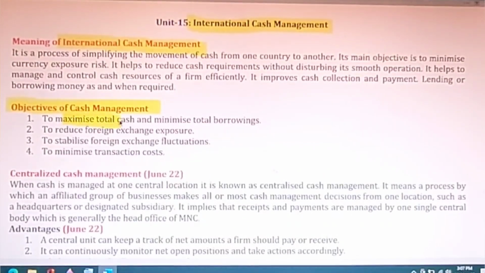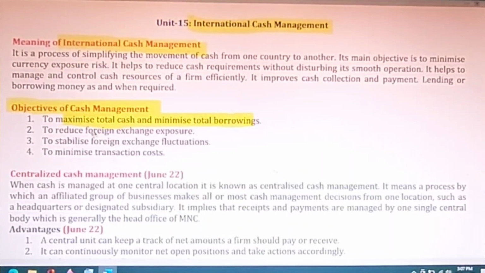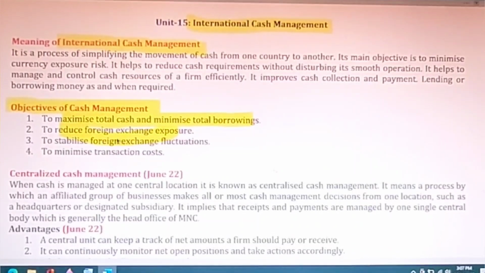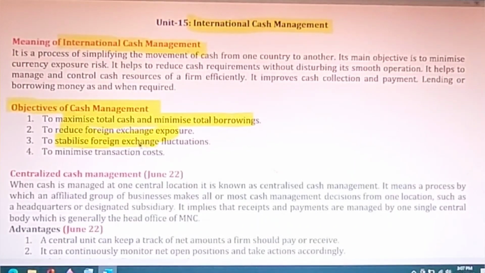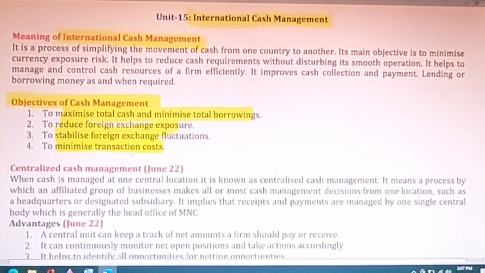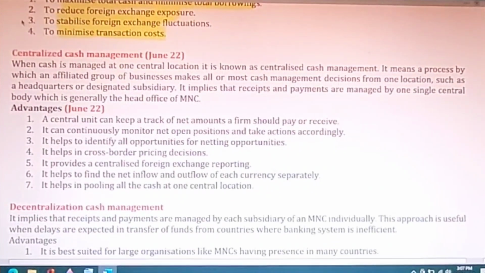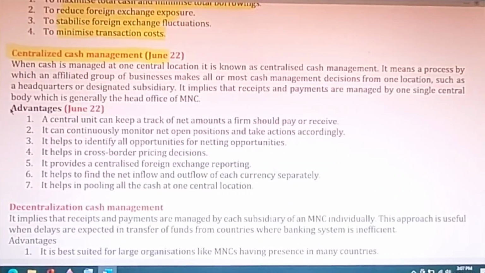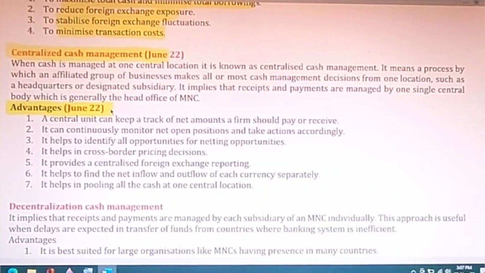To maximize total cash and minimize borrowings, to reduce foreign exchange exposure, to stabilize foreign exchange, and to minimize transaction costs. And one question came from this in June, that is on centralized cash management, and it was also asked to write the advantages of this.